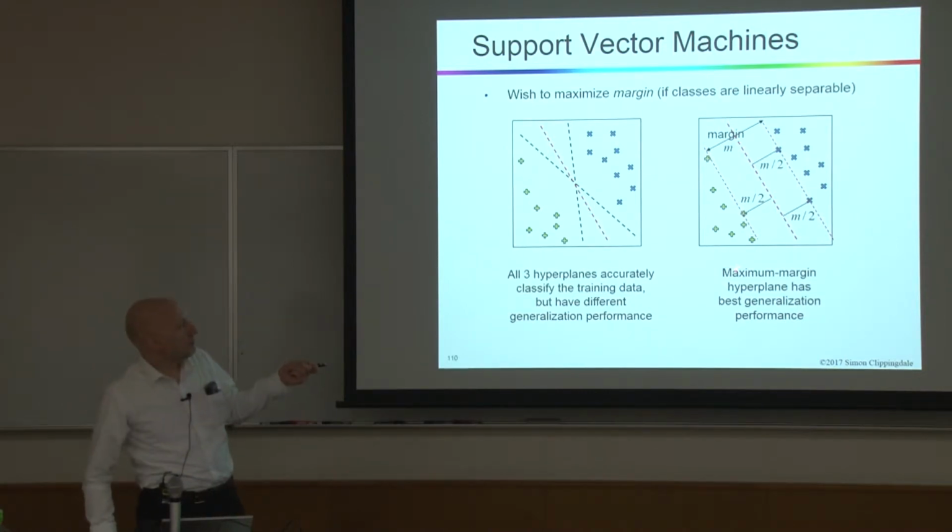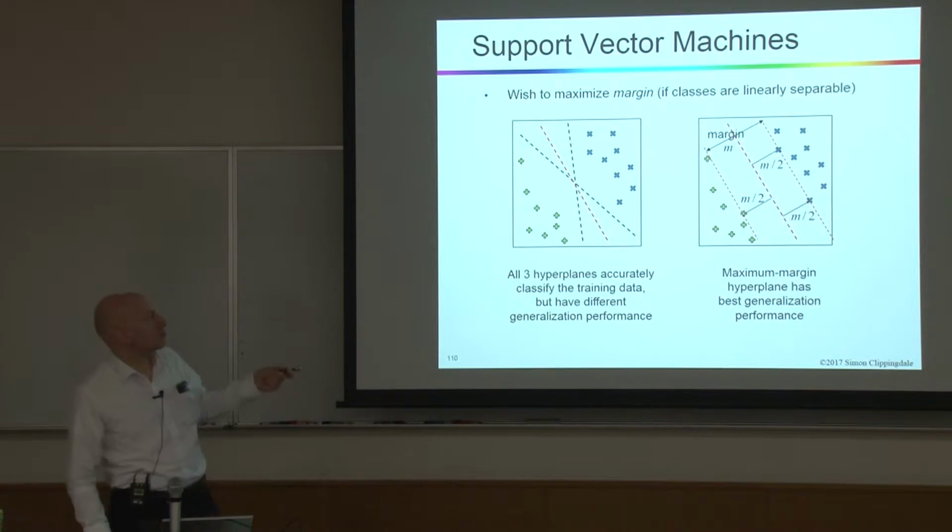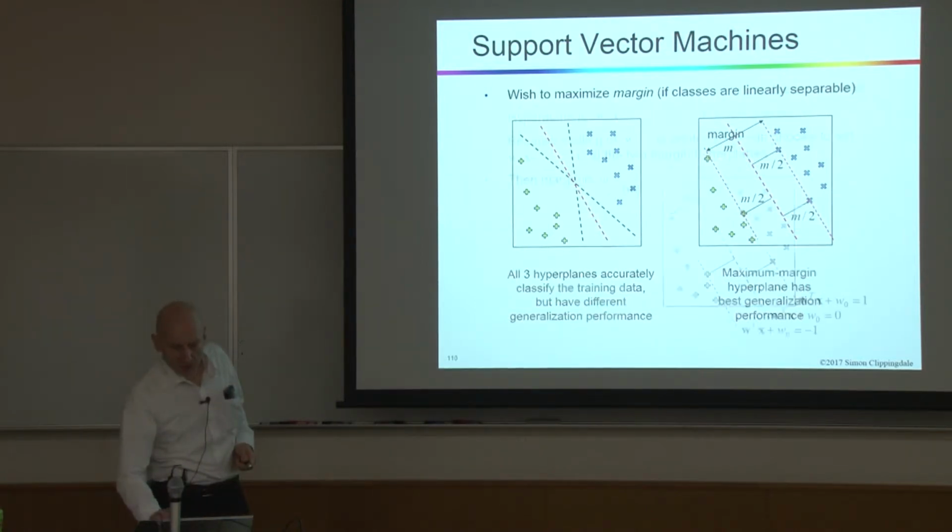The so-called maximum margin hyperplane, which is this red one down the middle here, has the best generalization performance. The margin here is the distance between these planes. We are attempting to maximize this margin.